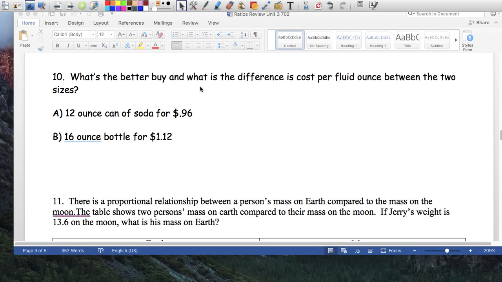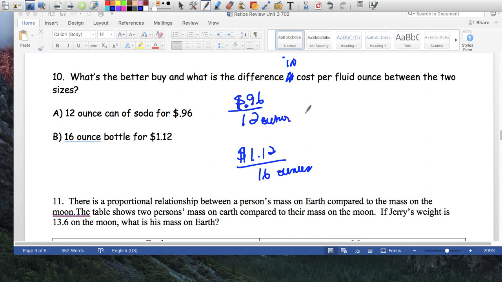Number 10. What's the better buy? What is the difference in cost per fluid ounce between the two sizes? So let's find the unit rates. One is 0.96 over 12 ounces, and the other one is 1.12 over 16 ounces.